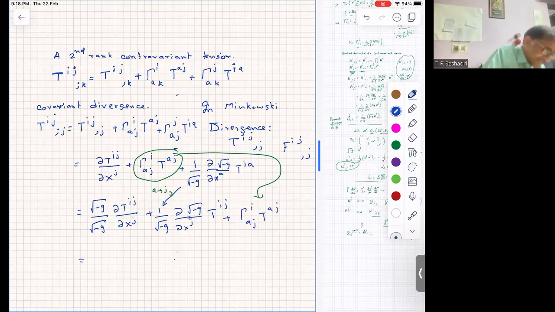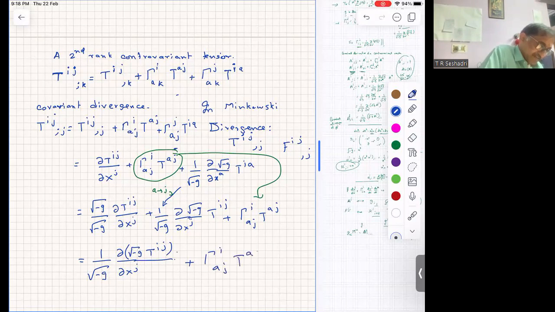And this can be written as 1 by square root of minus g del by del x^j square root of minus g T^{ij} plus gamma^i_{aj} T^{aj} is equal to the covariant divergence of T. All right.